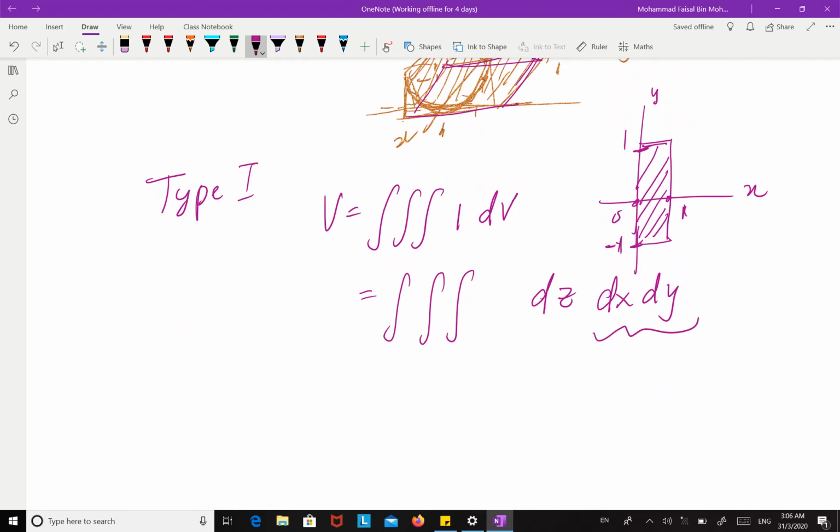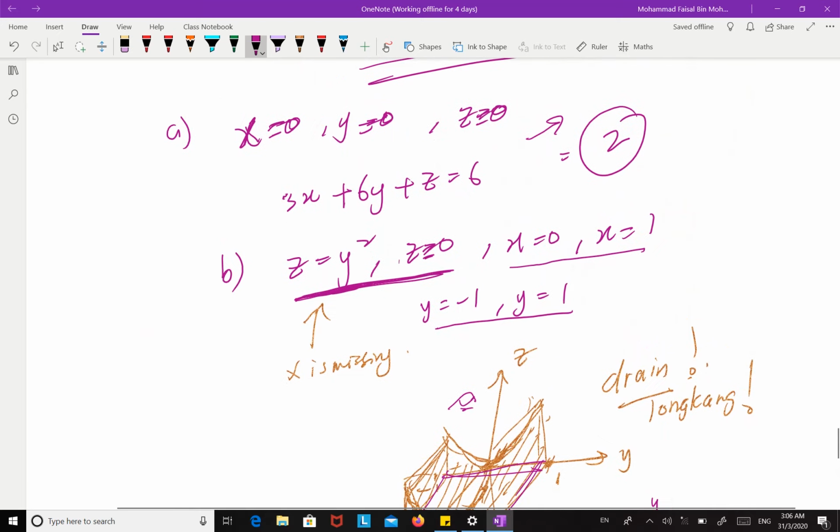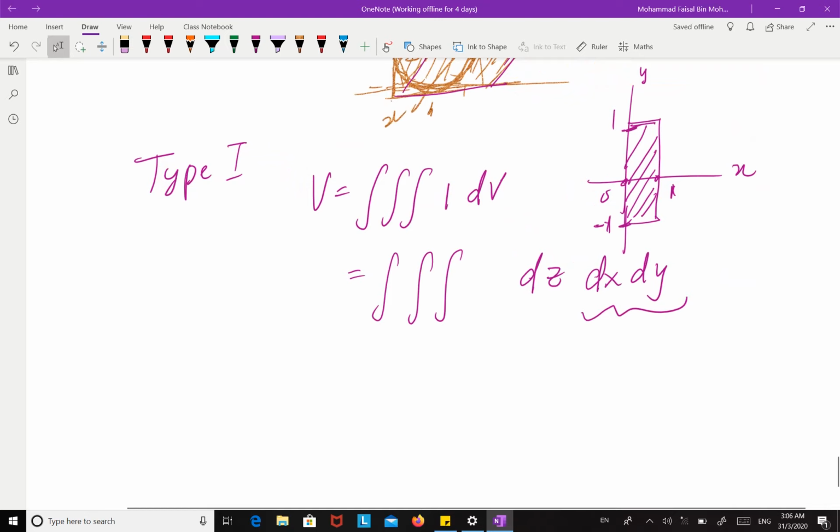So I just draw this first to make it easy. So your z as given from 0 to y squared is easy. So your z should be a function of x, y, at least one variable or two variable. Now this is dx dy, which means you cut at y. So your x is from 0 to 1, because it is just a rectangle, and then your y is negative 1 to 1.